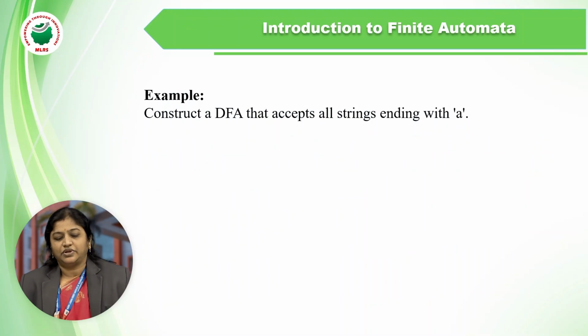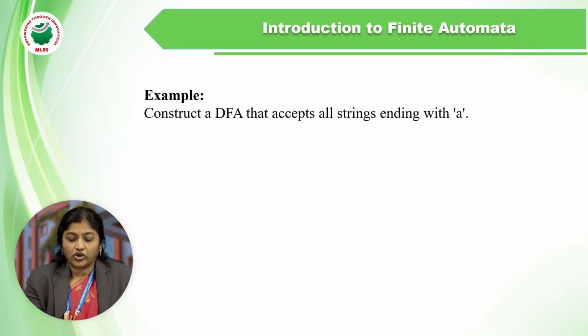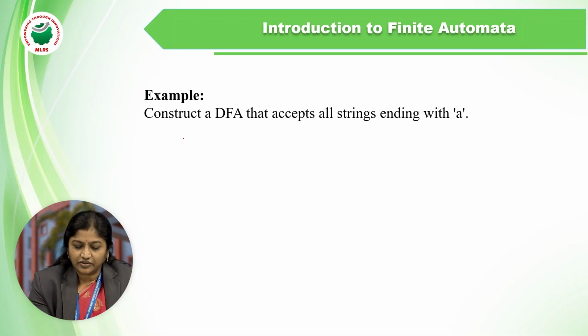Okay, example. We'll solve some examples now. First, construct a DFA that accepts all strings ending with A. All strings ending with A means what? What are the possible strings here?